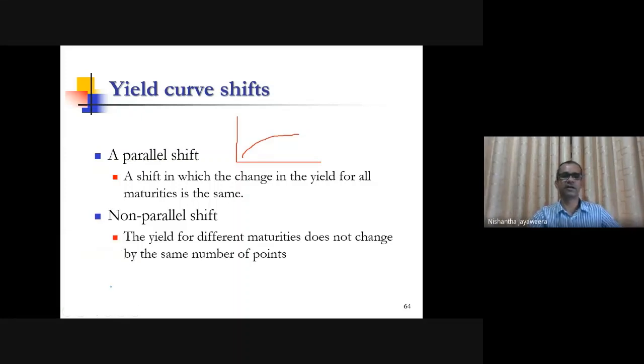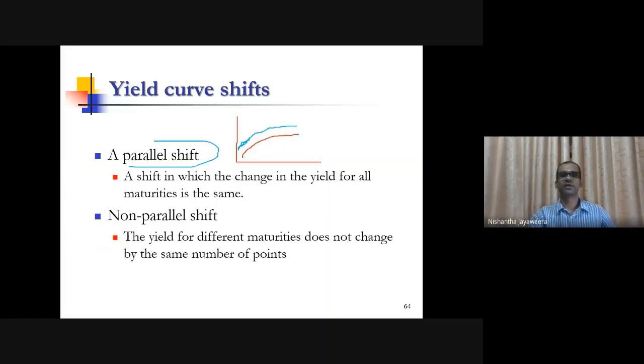It can be either upward or downward. The new line, I cannot draw it properly now. It should be parallel to the existing one. There cannot be like this. So the change is the same everywhere. That's a parallel shift.